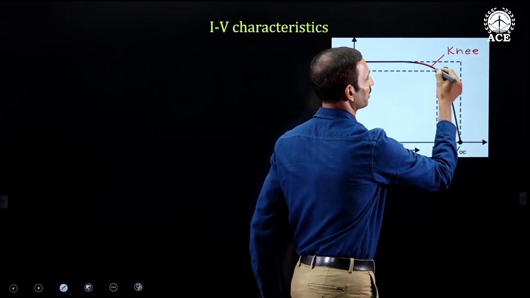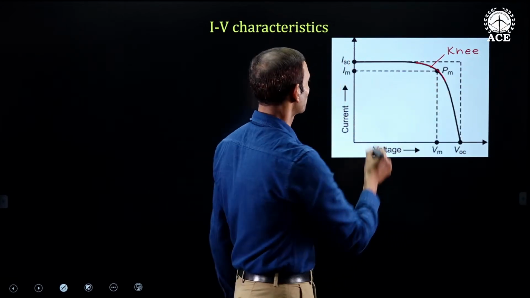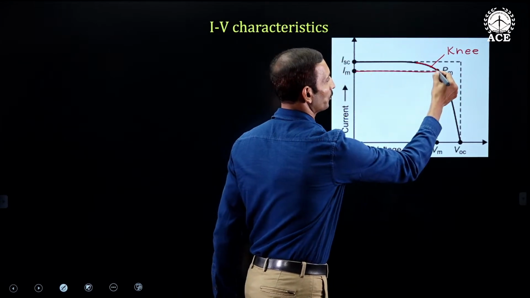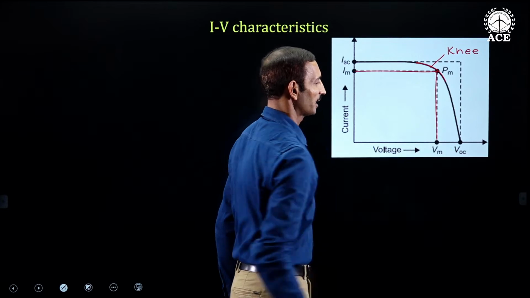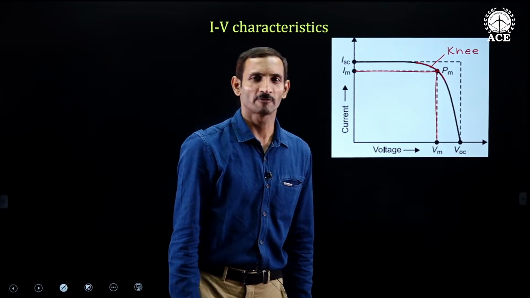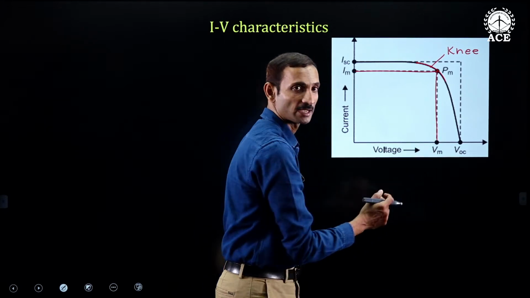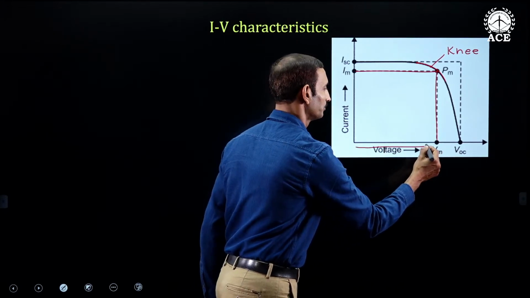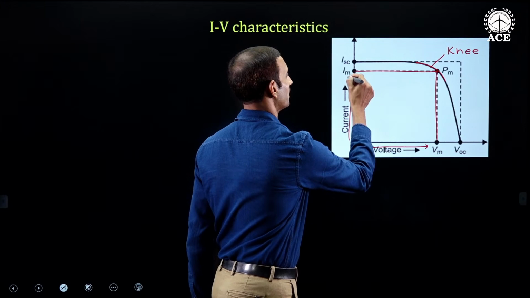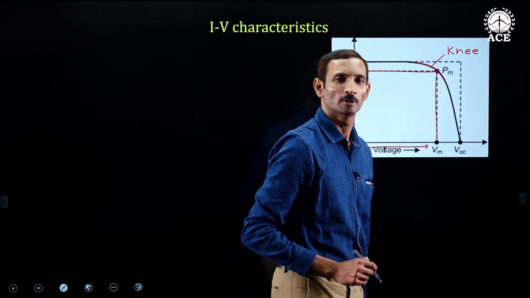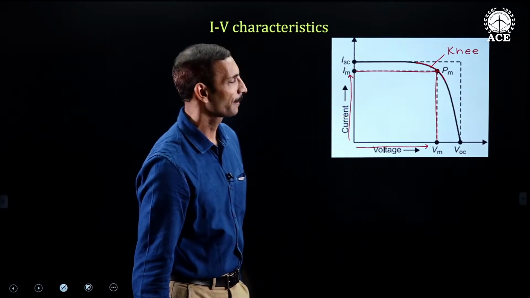So somewhere here the maximum power point is going to occur. This corresponds to IM. When you draw lines from that point onto both the x and y axes, you're going to find Vm on the x axis and Im on the y axis. The product of these two is what we call Pm, the maximum power.